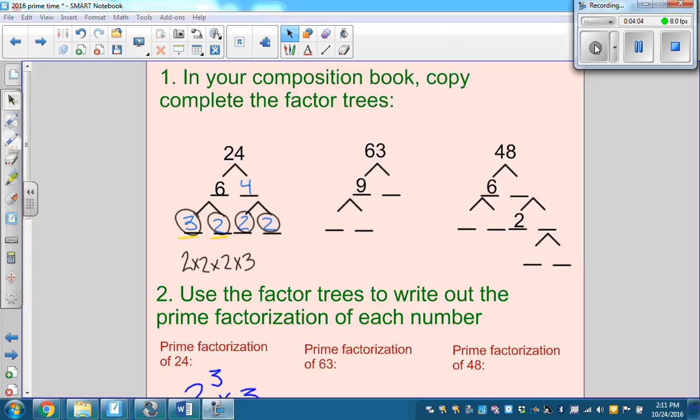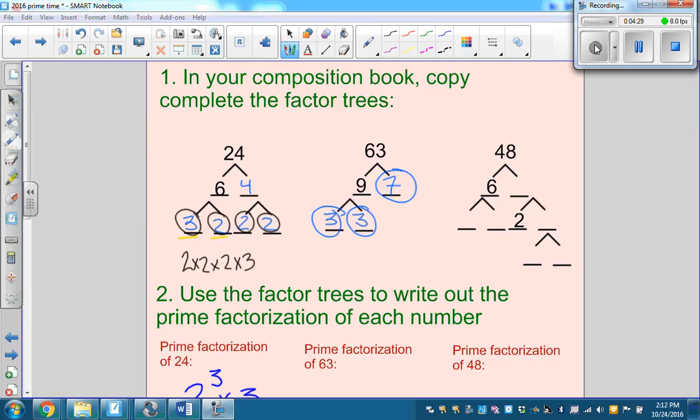Jed, tell me what you did on the 63. Nice and loud, because that fan's on. 9 times 7 is 63. Okay. Any primes? 3 and 3 are prime, and the 7.